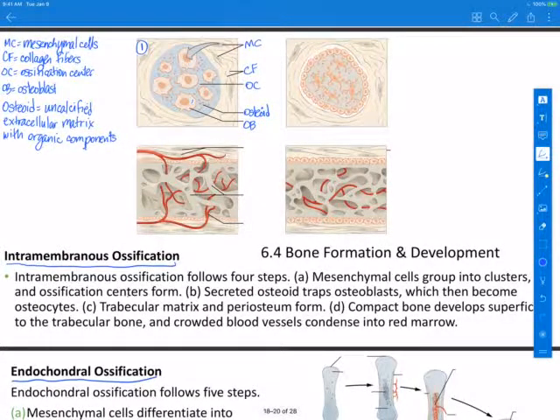In the first picture, it shows how mesenchymal cells gather and they begin to differentiate into specialized cells. For example, they could become capillaries in the bone, or osteoblasts, or osteogenic cells. Early osteoblasts form in a cluster, and that's what's called the ossification center. And then osteoblasts secrete osteoid, that uncalcified matrix with organic components.